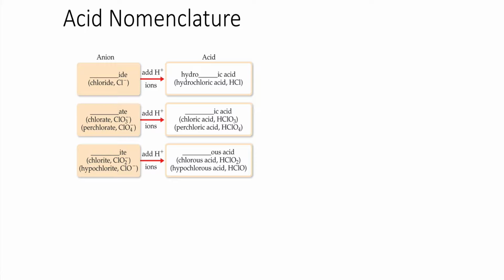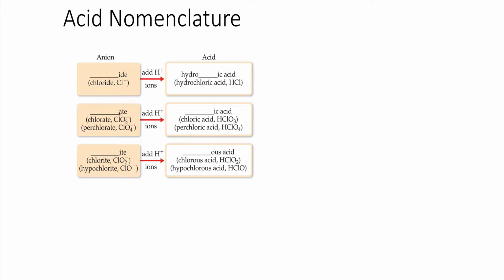This is a brief tutorial on acid and molecular nomenclature. Acid nomenclature. We build the names for our acids from the name convention for the anion. So if we have an anion like chloride, which ends in -ide, when we have the acid form of chloride, our hydrochloric acid, it's hydrochloric.